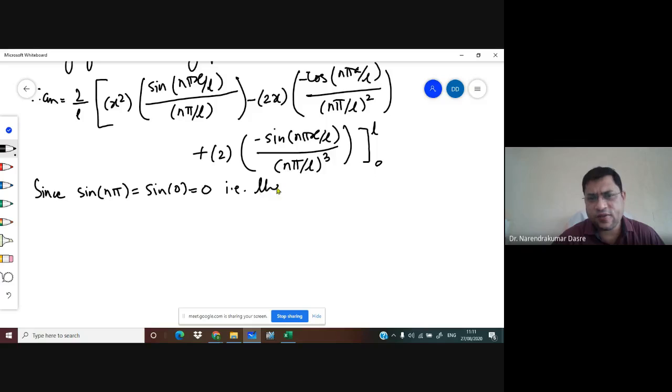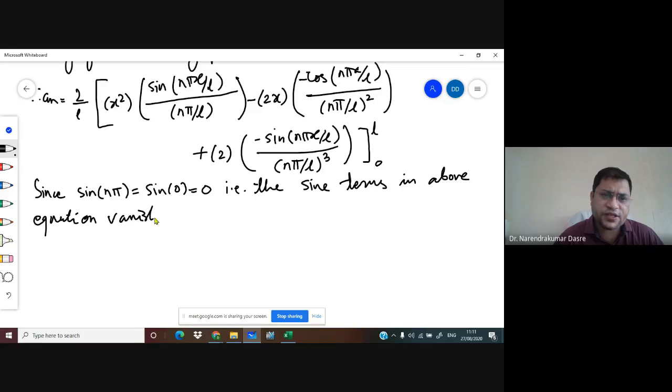So that is what we say: the sine terms in the above equation vanish at 0 and L, and hence we get, so what we'll get here, we have an is equal to, this is going to be 2 by L.